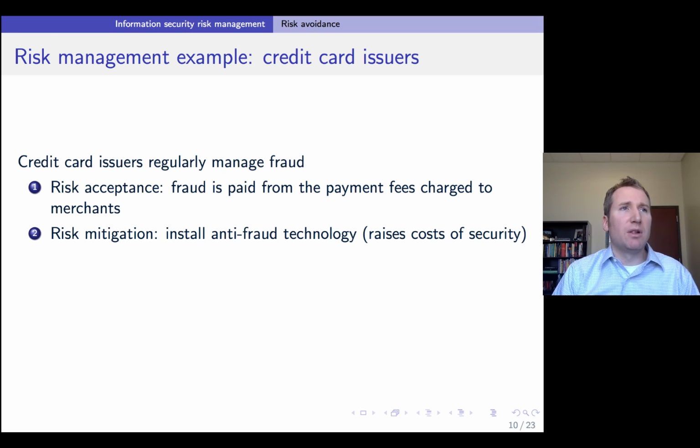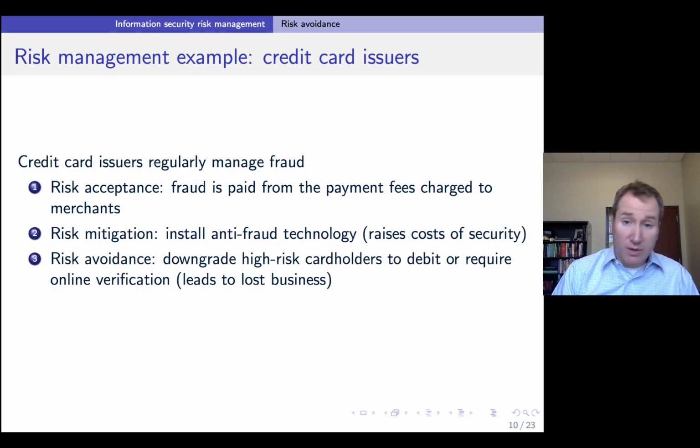There's a lot of investment in anti-fraud technology, and trying to look at patterns of transactions. If any of you have ever received a phone call or now text messages saying that there's been suspicious activity reported on your credit card account, that's an example of a mitigation control that was being invested in by the card issuer.